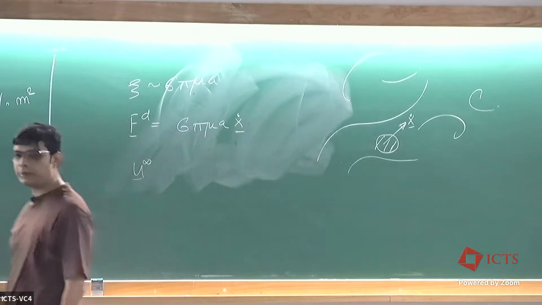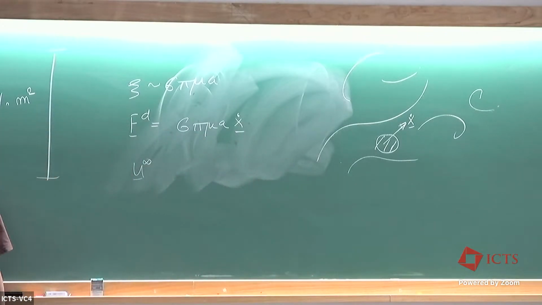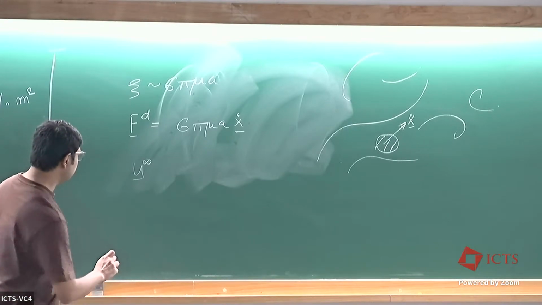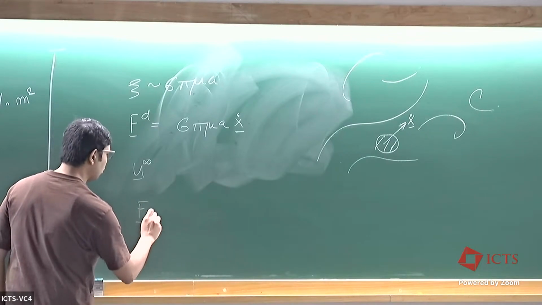So maybe I can phrase the question differently. When you think about drag, does the absolute value of x dot matter, or is it the relative value of things that matters? Relative value. So we all have that intuition, right? If I'm moving with the same velocity as the fluid, I won't experience any drag. If I'm moving with a different velocity, there is friction, and that's why there is a drag. And probably, if I write this, hopefully this is not too bad.